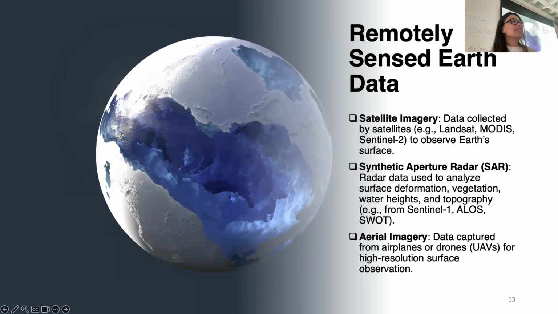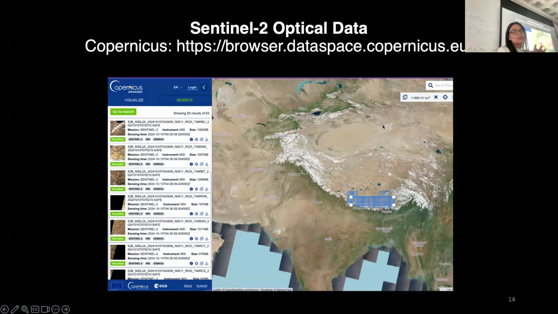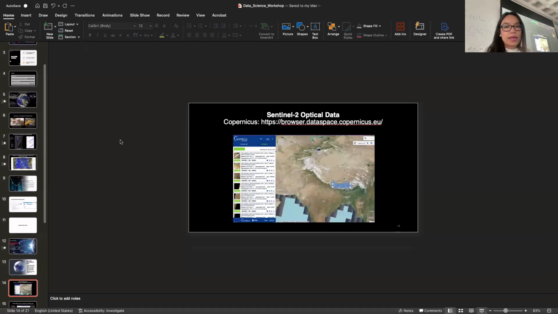That is actually a good segue to the next slide that I have. For Sentinel-2, which is optical data, you can just go to this website and download the frame that you want and use it. So these are freely available. I can go to the website and show what it looks like.